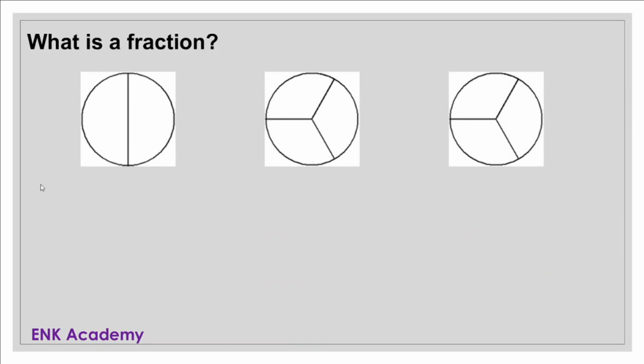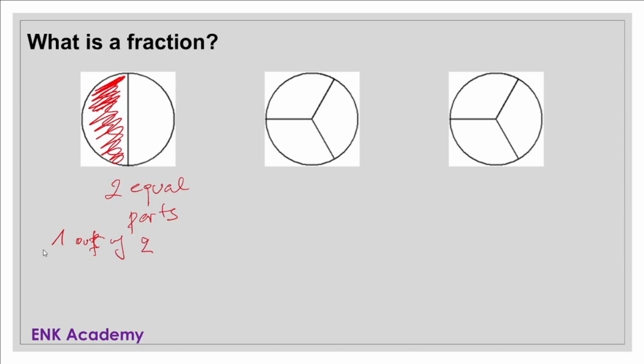So imagine you have a single object, and then you divide it into two equal parts. You have two equal parts in this case, and then you choose to have just one part. Then we'll say you have selected one out of the two parts.